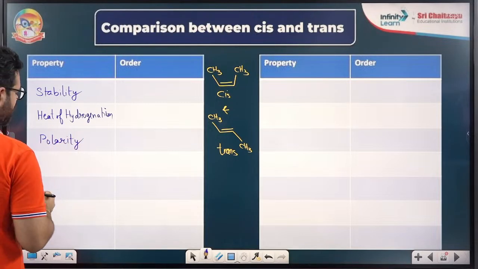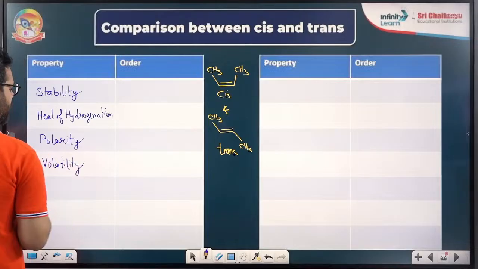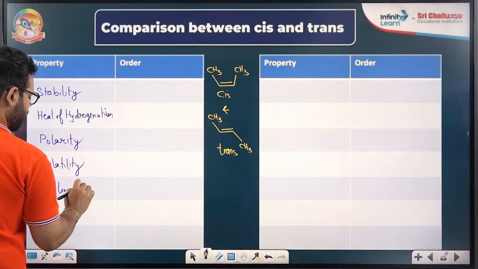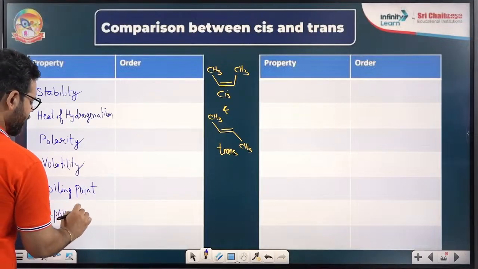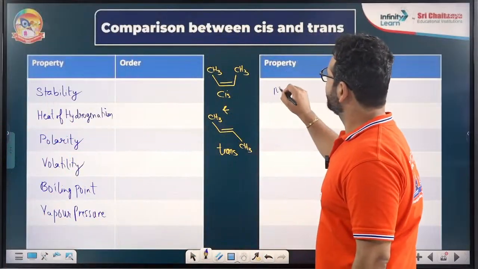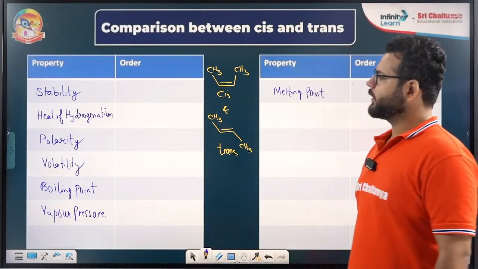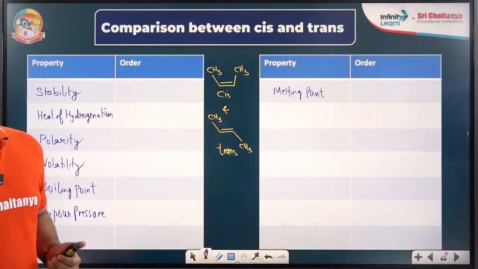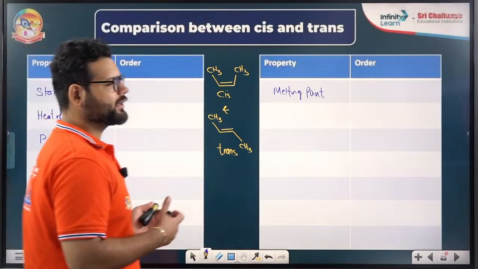With polarity, we can also talk about volatility, boiling point, vapor pressure, and melting point. These are the things where we can tell whether cis is better or trans is better among these properties.